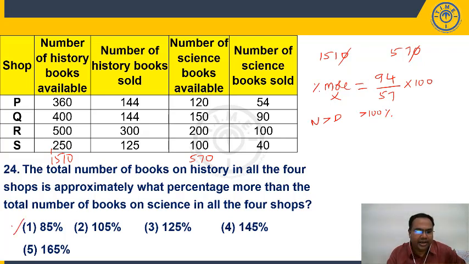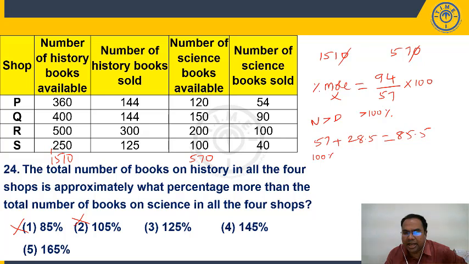So definitely it is not 85 and it is not 105 also, because these are quite far away. Almost it is more than half, right? 57 I will take. What is half of 57? Let us say 28.5. 57 plus 28.5 is 85.5. How much we have? 94. So obviously it is 100%. I am taking half means 50%. So it is 150%.